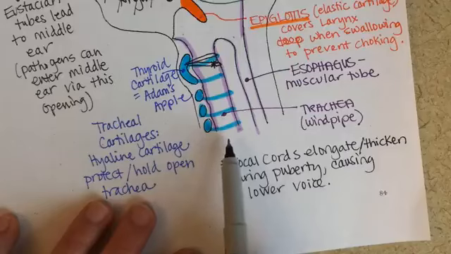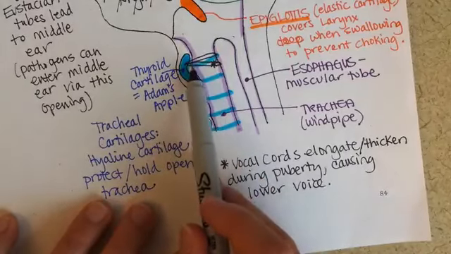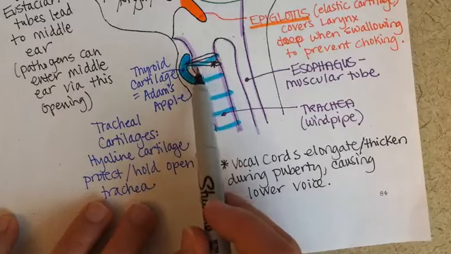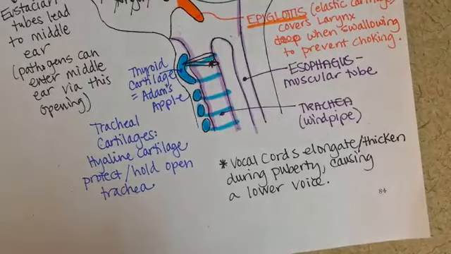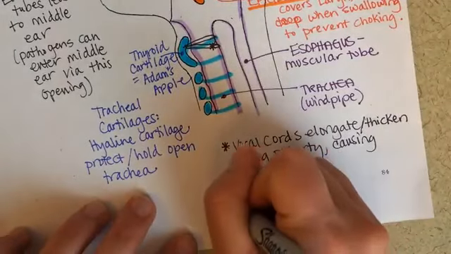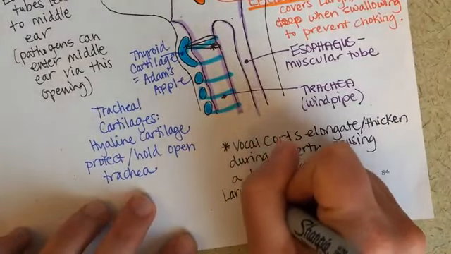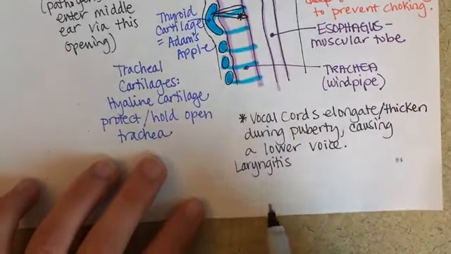The way that we speak is as the air rushes past the vocal cords, they tighten and relax to make different pitches. It's pretty amazing, really. Our voice is an instrument, a stringed instrument. And then laryngitis, that's inflammation of the larynx.